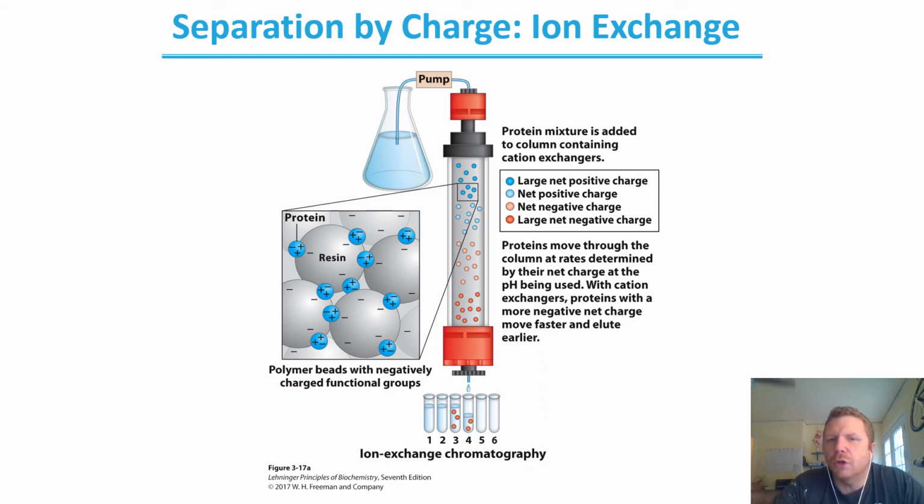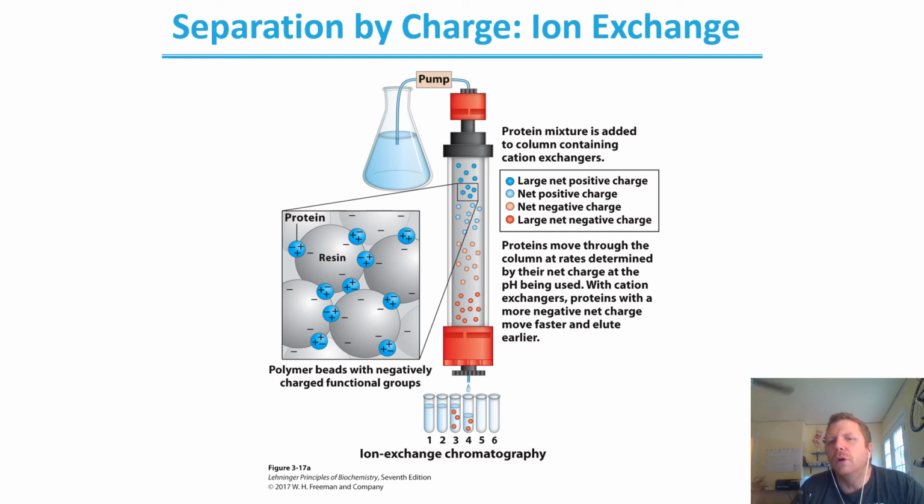Those positively charged proteins, I know they will bind to something negatively charged. So if I have a medium or a resin that is negatively charged and I have positively charged proteins, those positive charges on that protein will adhere to the negative charges on my resin, and they will stay there indefinitely, or maybe not indefinitely, but they will stay there for a while.